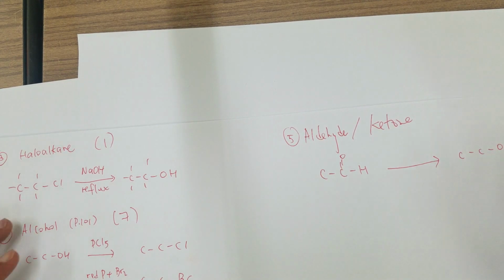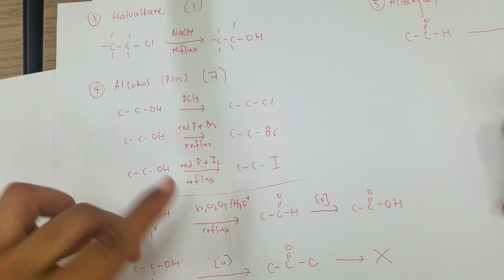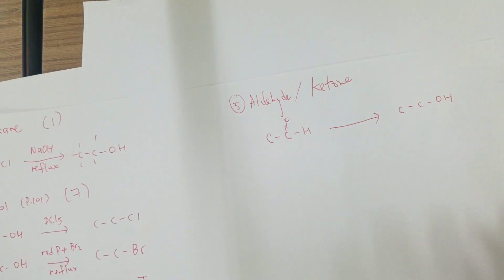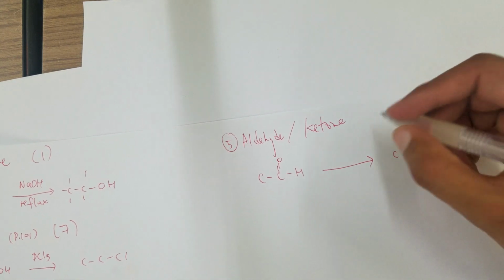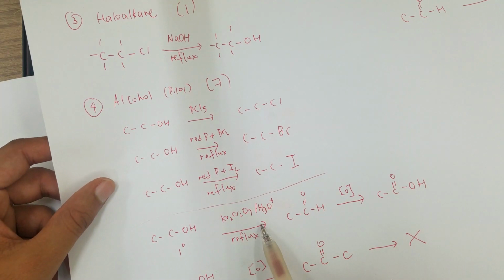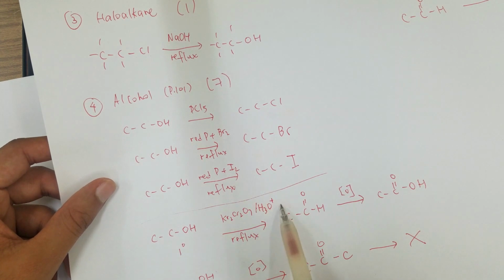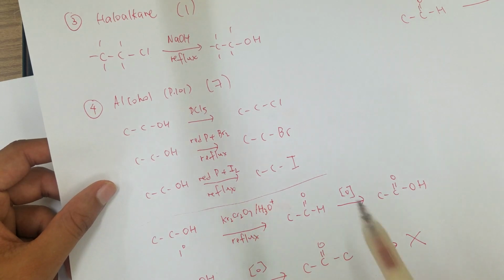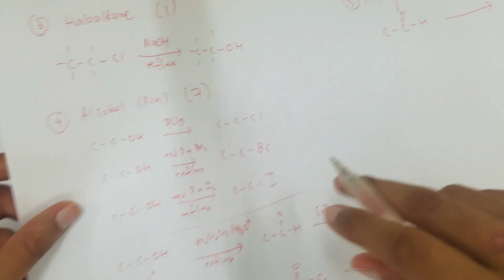So basically it's the opposite of here. So we're going backwards. Backwards is reduction, forwards is oxidation. So what are the reactants? Same case for this one. The stronger oxidizing agent is potassium dichromate, but the weaker one is potassium permanganate, KMnO4.